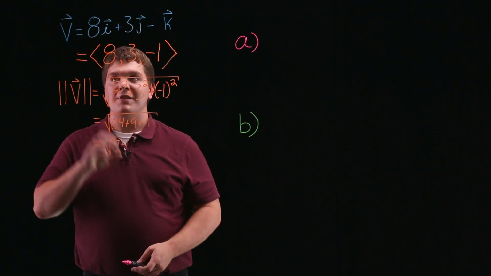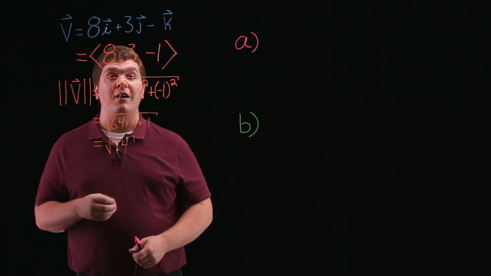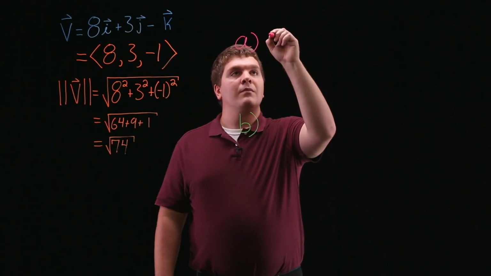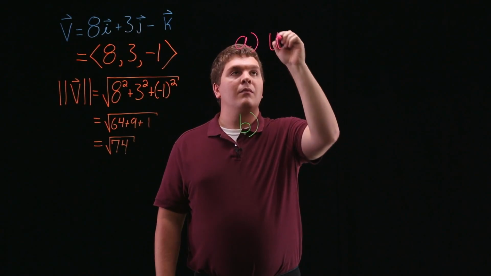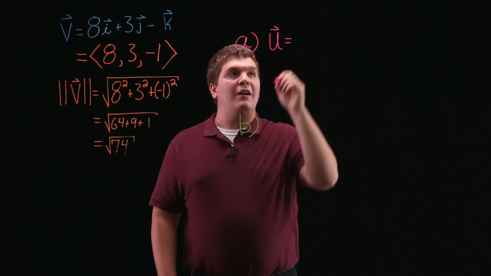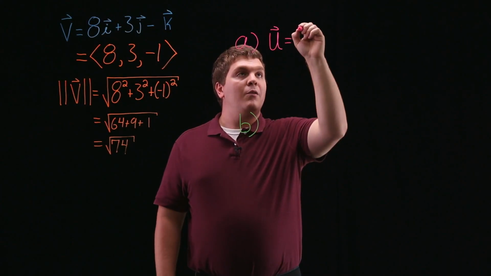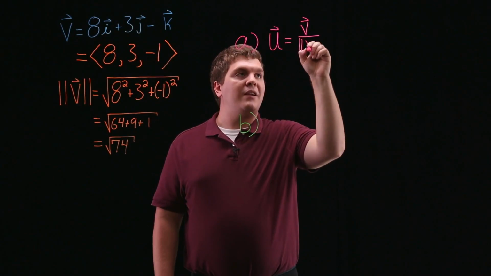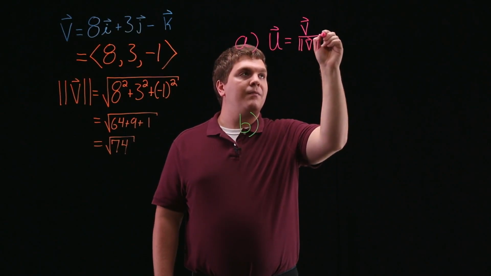Now we can use this piece of information to find a unit vector with the same direction as v. Our unit vector with the same direction as v will be the vector v divided by the magnitude of the vector v.